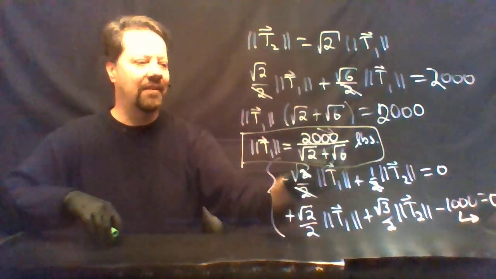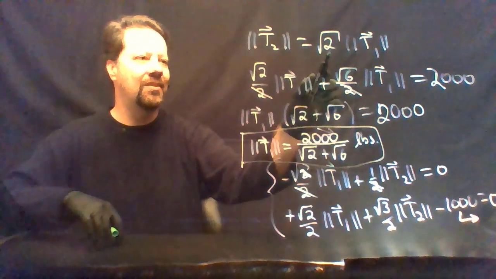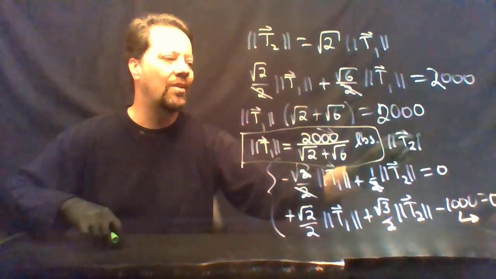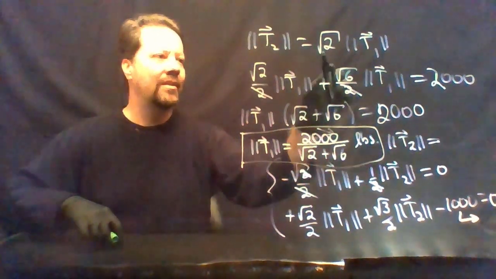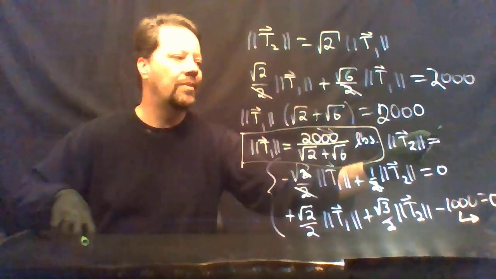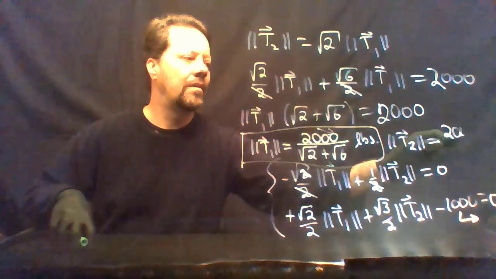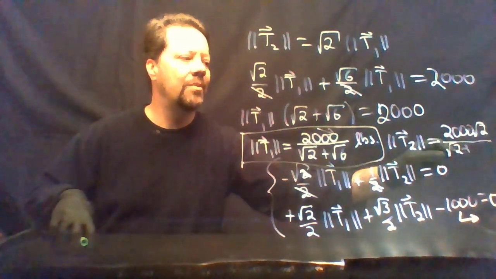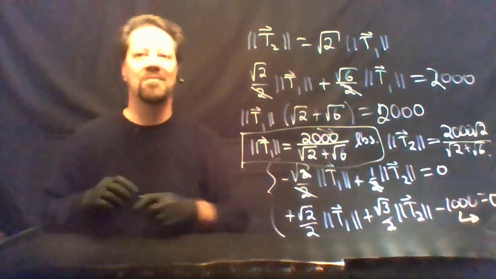We can then plug this value into the equation up here and get the norm of the tension in the second cable is 2000 times the square root of 2 divided by root 2 plus root 6.